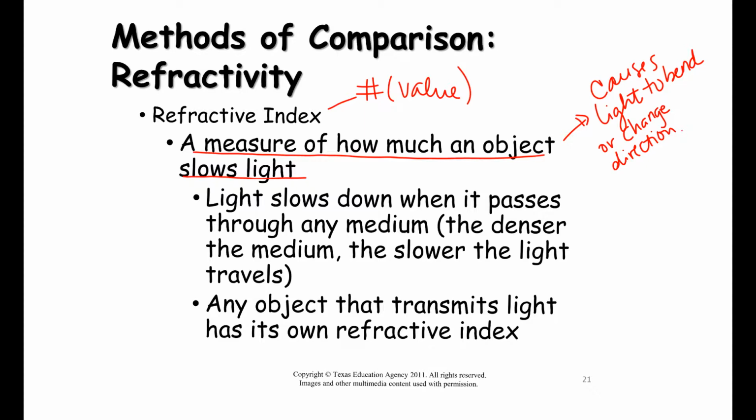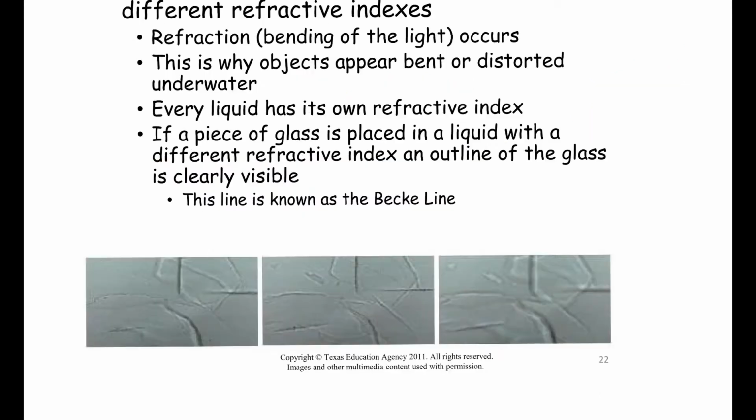How we use this property of transparent material is kind of similar to how we would do the flotation device with glass for density. It's all about taking the glass and putting it in a liquid. So we're going to choose a liquid that we know the refractive index of, and we're going to take our piece of glass and dip it into that liquid.